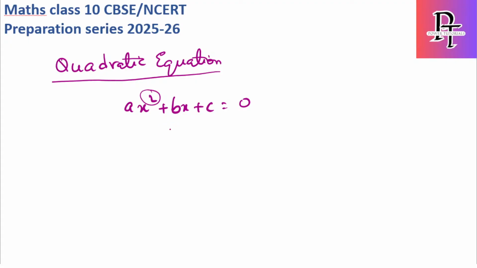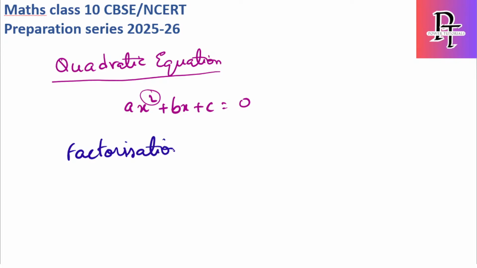So what are the two methods I told you? The first is factorization, sorry, not prime factorization, simply factorization.